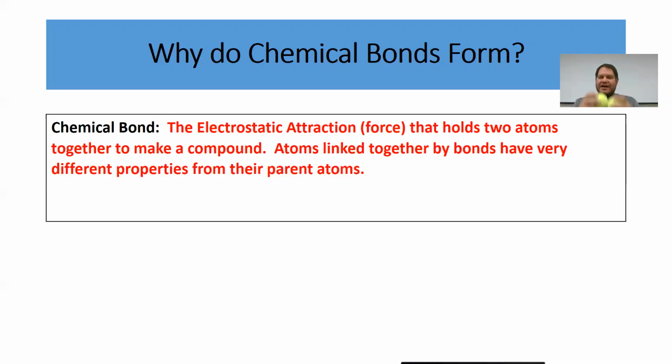All right. Now, when we form compounds through these electrostatic forces of attraction, these chemical bonds, the new chemical properties of that compound are going to be quite different from the individual properties of each of these atoms. For instance, a good example would be if we were going to form table salt, sodium chloride. So sodium, let's say this is sodium, an atom.